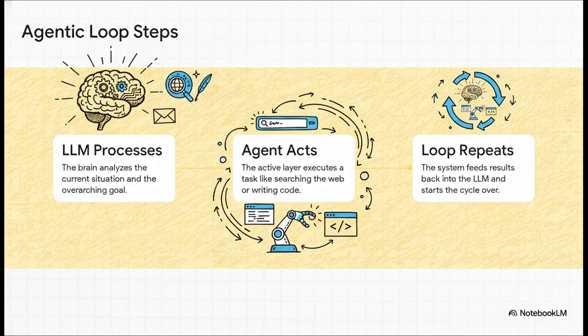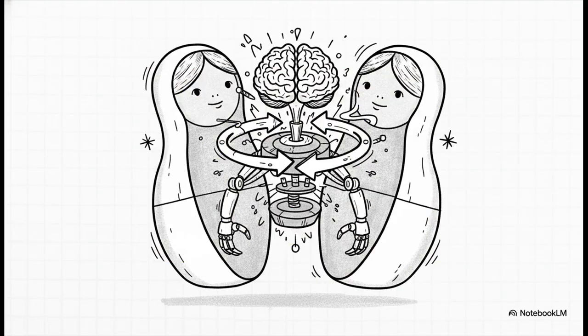Step 3, the loop repeats. It feeds the result of that action right back into the LLM and starts the whole thing over. Process, act, repeat. It's an incredibly efficient cycle. I mean, unlike us humans who often get stuck in endless loops of overthinking, the AI actually executes and adapts flawlessly.